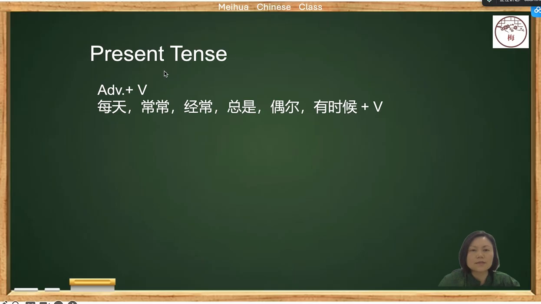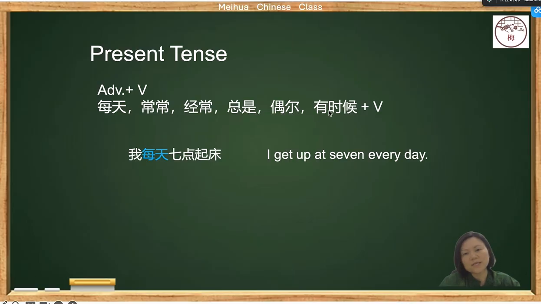For present tense, we have a few adverbs that indicate something happens usually or frequently nowadays. For example, 每天 means every day. 常常 means often. 经常 is also often. 总是 always. 偶尔 sometimes. 有时候 sometimes.